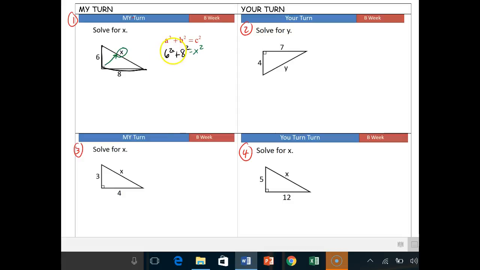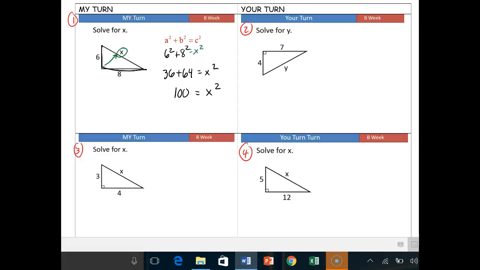6 squared is 6 times 6, or 36, plus 8 squared is 8 times 8, or 64, is equal to x squared. When we add 36 and 64, we get 100. So we're saying that x squared is equal to 100. So what does this mean? We need to find x.